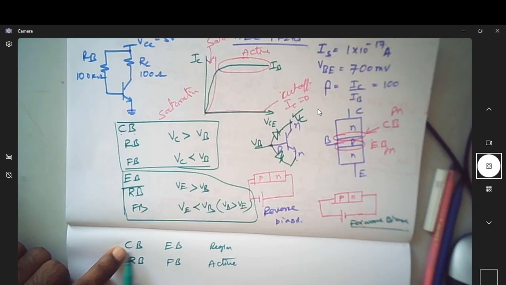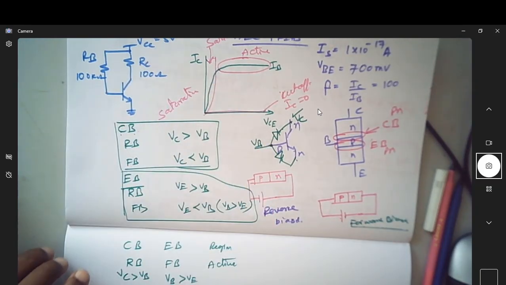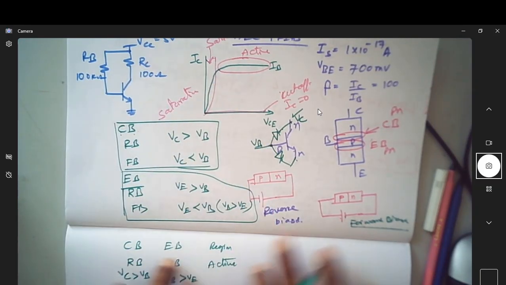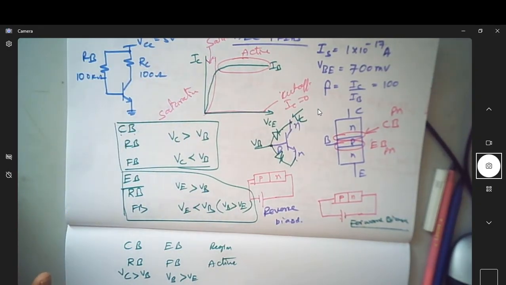So what do you mean by collector-base junction reverse bias? The voltage at the collector is greater than the voltage at the base. For the emitter-base junction to be forward biased, the voltage at the base is greater than the voltage at the emitter. We'll come to all these things; this should not get confused. Unless you are thorough with this, understanding will be shaky.